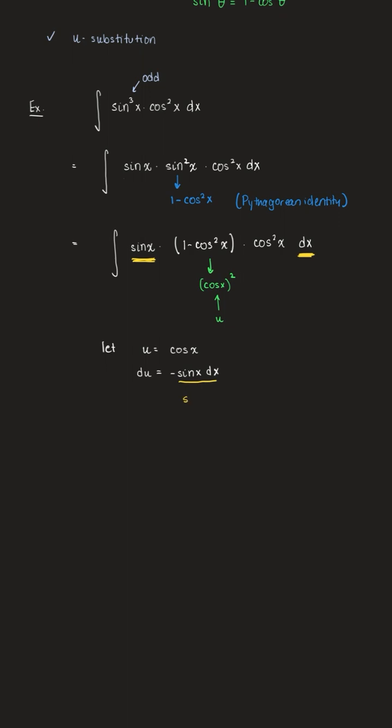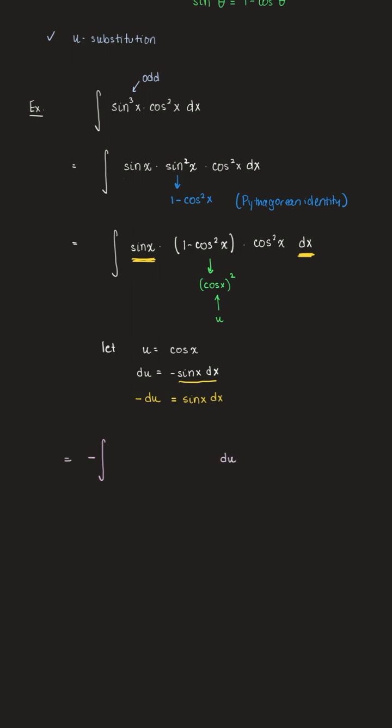So here, if I solve for sine x dx, I can divide both sides by negative 1, and that's negative du. And so now I'm going to write the new integral in terms of u. Let's use pink for the new integral in terms of u. So we're going to have the integral, sine x dx, that's going to be a negative, which I'm going to pull out of the integral, du.